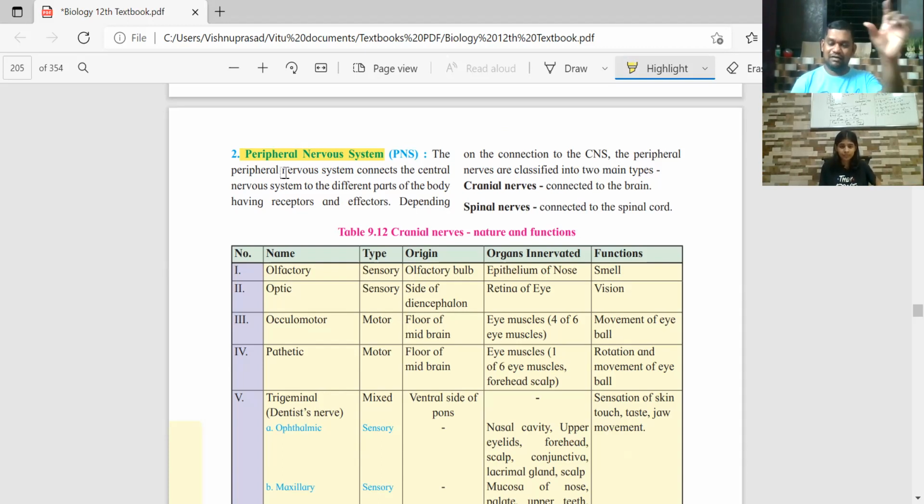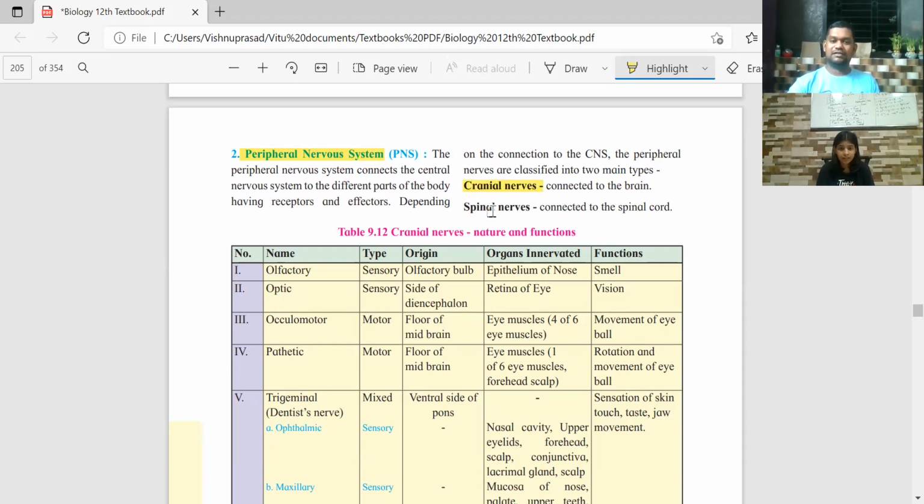We have seen the brain, we have seen the spinal cord. This is something in the sides of the body. So from the central nervous system arises the peripheral nervous system, which supplies nerves to different parts of the body. And the peripheral nervous system, PNS, is divided into two types.